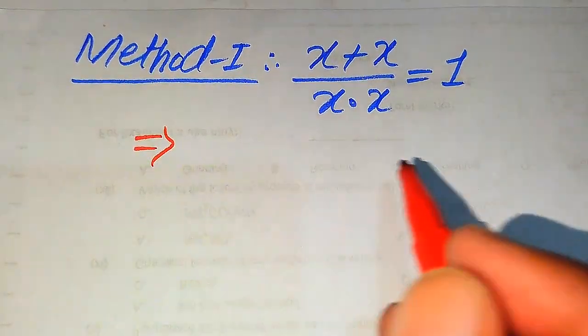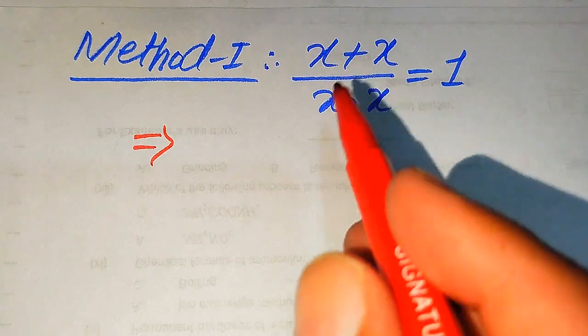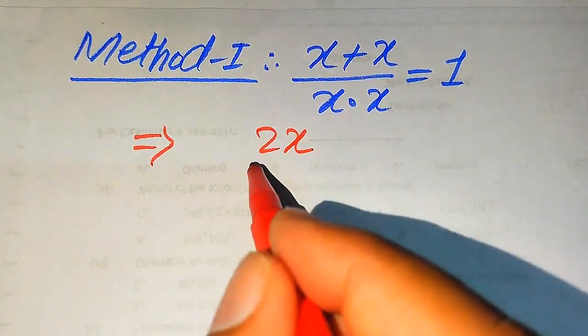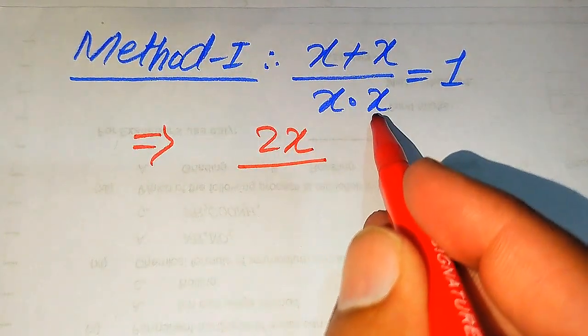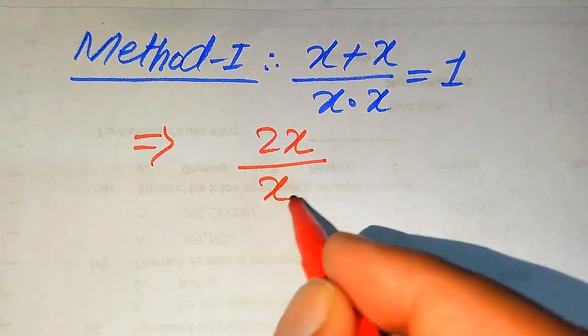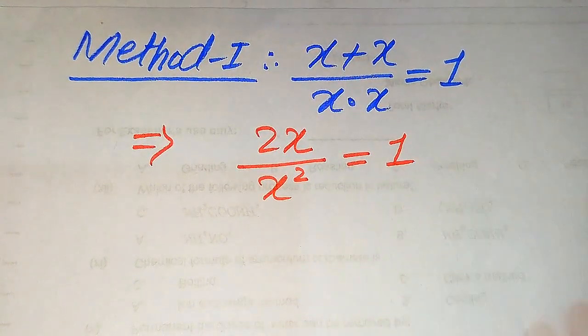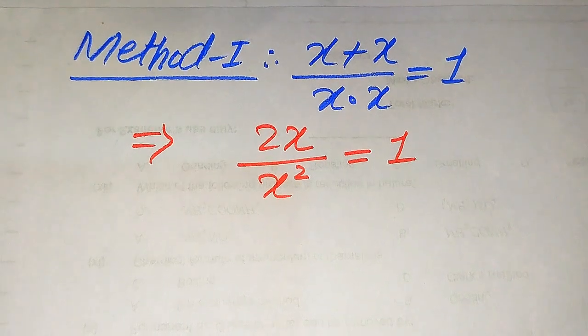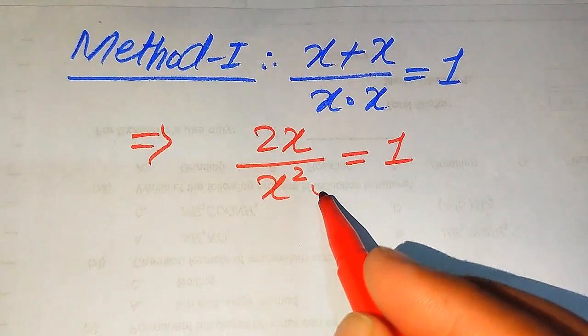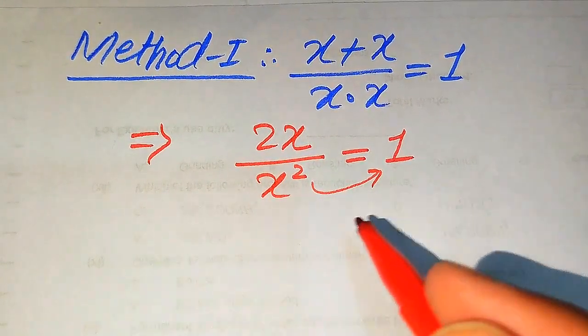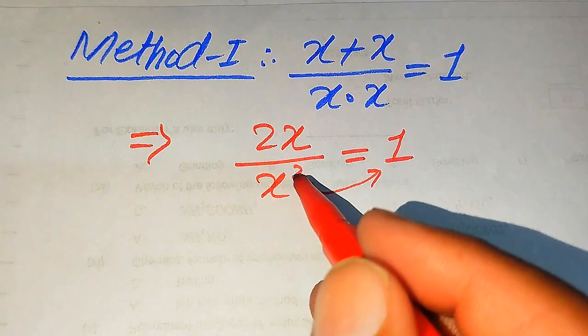Again you see that when we add x plus x it becomes 2 times x, and when we multiply x times x it becomes x square, and this whole equation is equal to 1. First we need to simplify the terms. This is the second method.